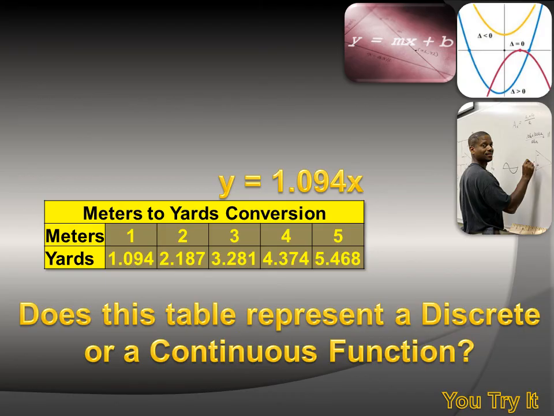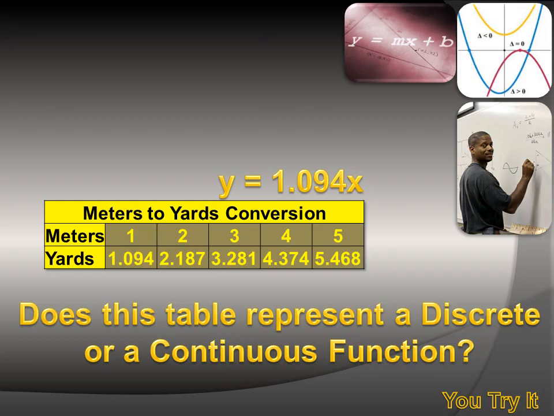And that is, am I limited to just whole numbers of meters? Is 1, 2, 3, 4, and 5 the only meter sizes that I could use? How about 1.5? Could I have 1.5 meters? Could I have 2.675 meters? Well, yes, I could.